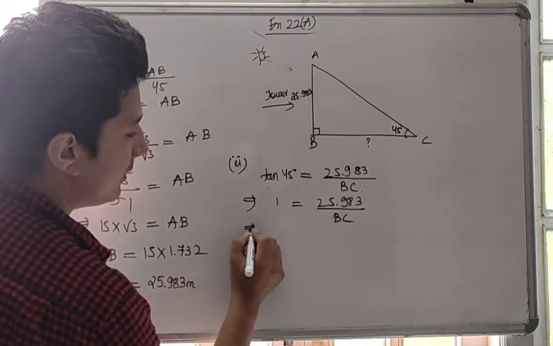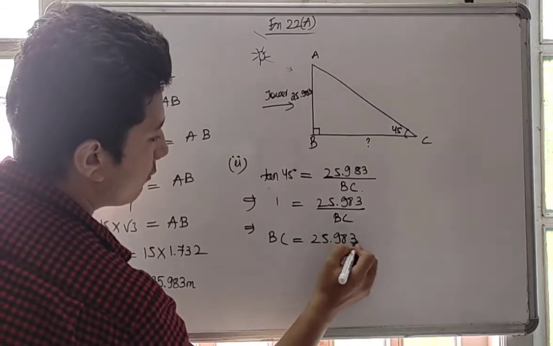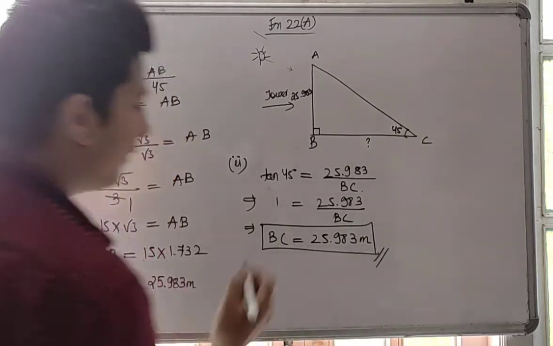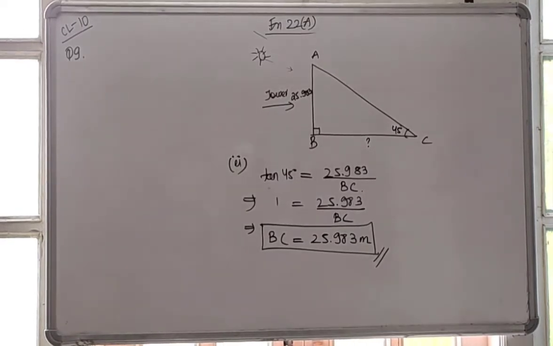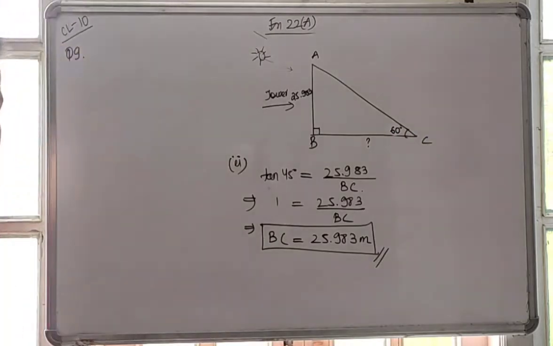So therefore what will be BC? BC will be 25.983 meter only. So when the angle of elevation is 45 degree, the length of the shadow is going to be same. Okay, boys, so please pause till here. All right, and now we need to find the length of the shadow when the angle of elevation is 60 degree.